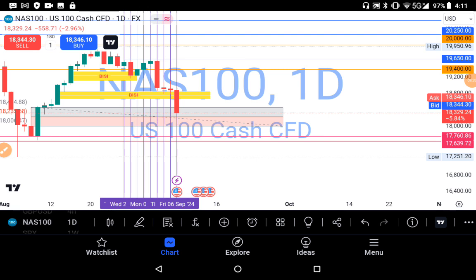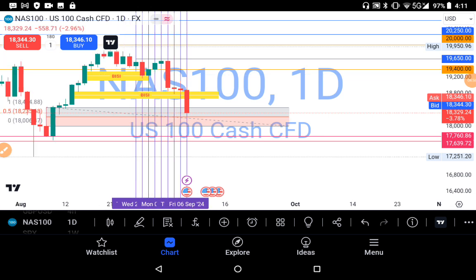But we have a movement short of how many handles? The high of this candle comes at 19,625.36. Yes. So short of some handles, I think about 25 or so, to get to 19,650. From there, the market dropped.